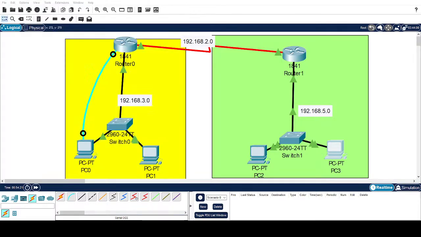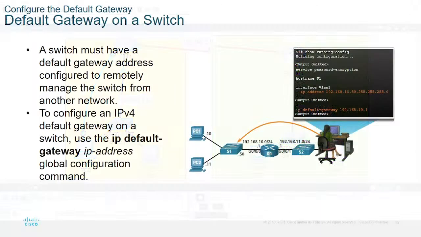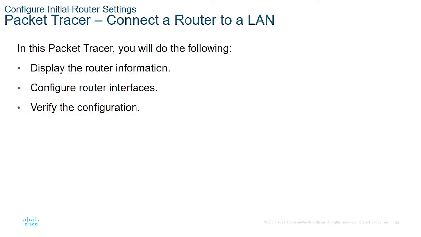So we continue with our chapter. That's how you set a default gateway address. So here we have learned how to set up a router, how to set up the switches, and how to set a static route.